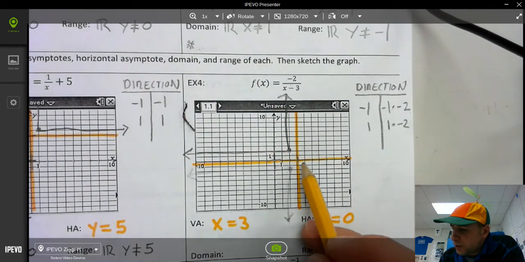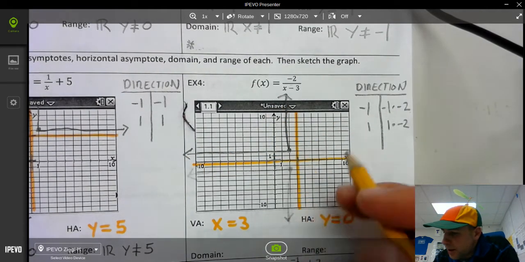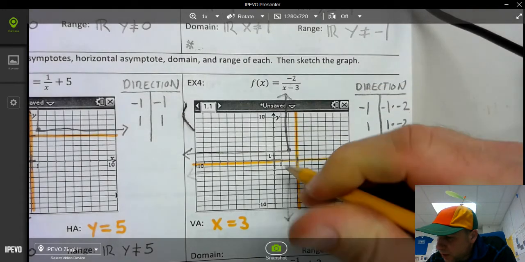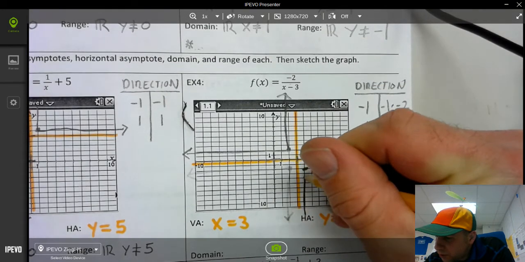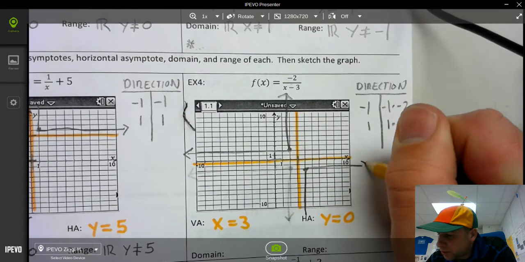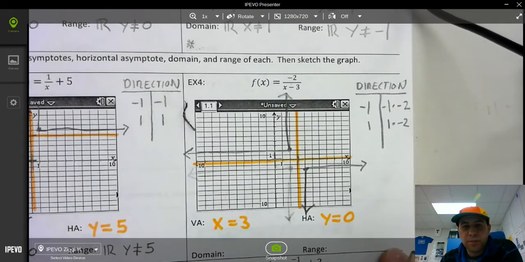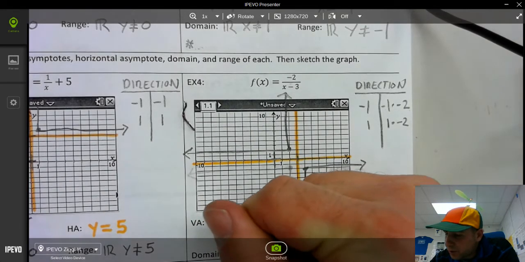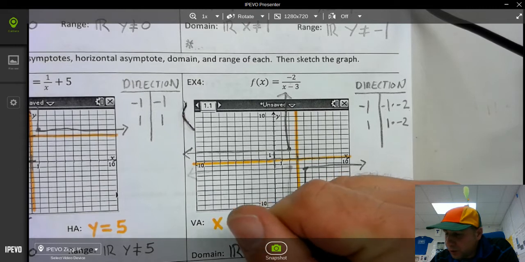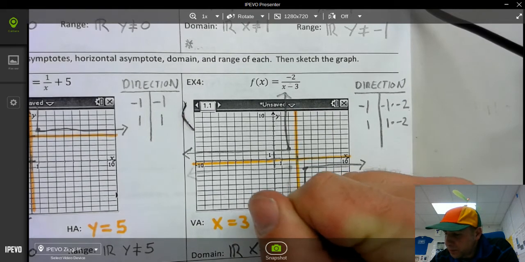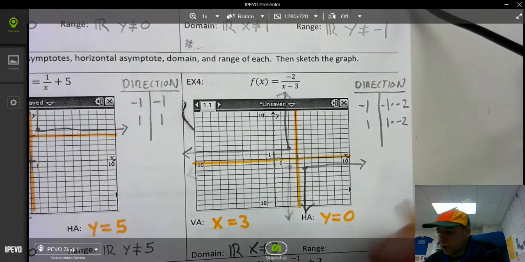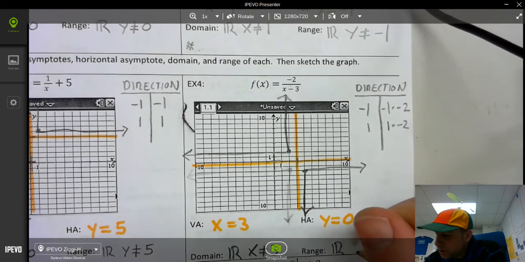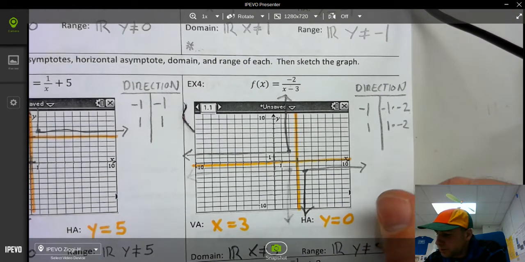Now here we go to the right 1, down 2, and we move close to the vertical asymptote and towards the horizontal asymptote, but they never touch. All right, so now we know that the domain is all real numbers except the vertical asymptote, and the range is all real numbers except for the horizontal asymptote.